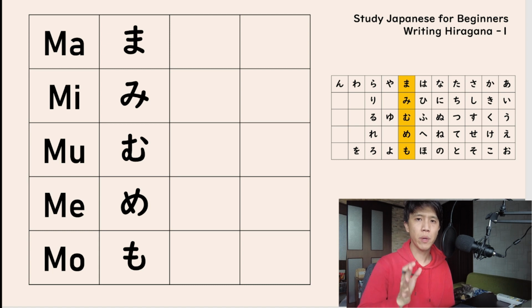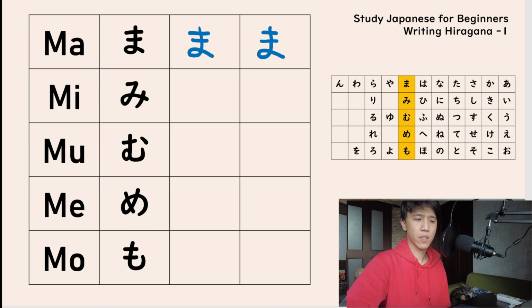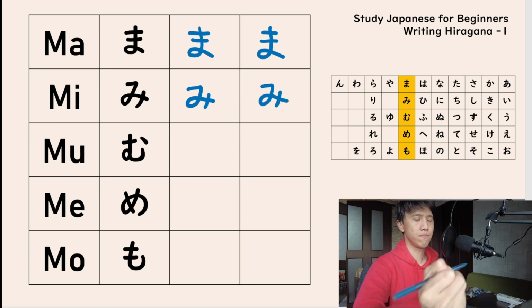Next row is ma, mi, mu, me, mo. Okay. We start with ma. 1, 2, 3. Okay. Next one is mi. Mi is 1, 2. The third one is mu.